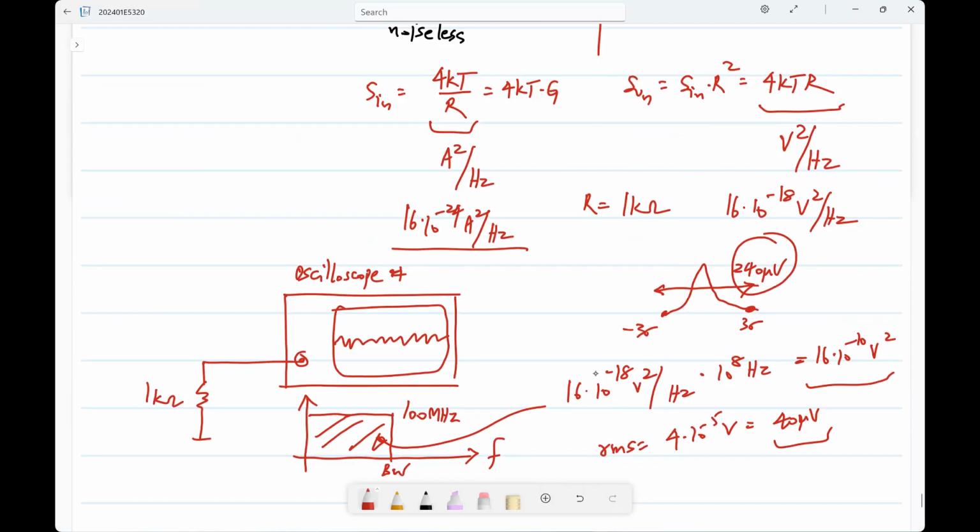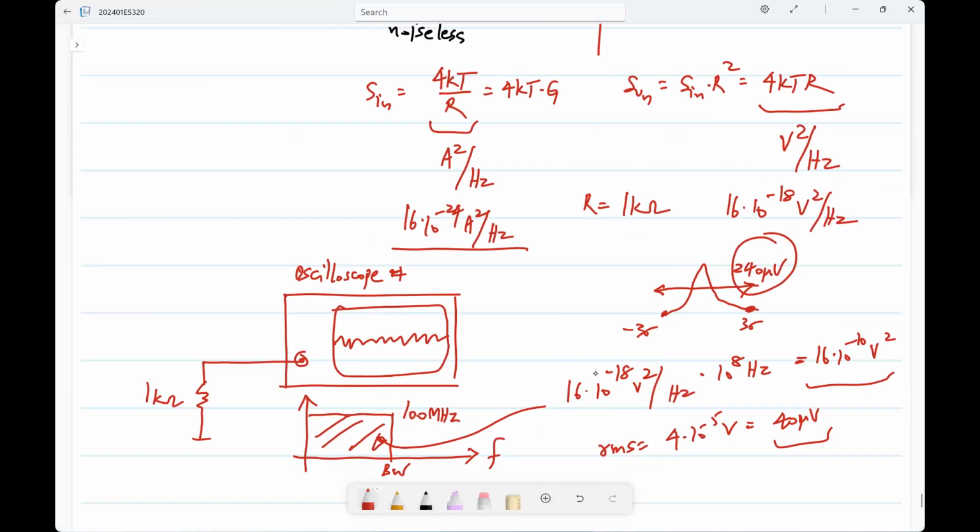So if you connect a resistor to an oscilloscope, you will see this noisy waveform. Basically, you can't make out any shape, but you will see some sort of fuzz. By nature, it will have a Gaussian distribution, and you can calculate its variance, RMS, etc.